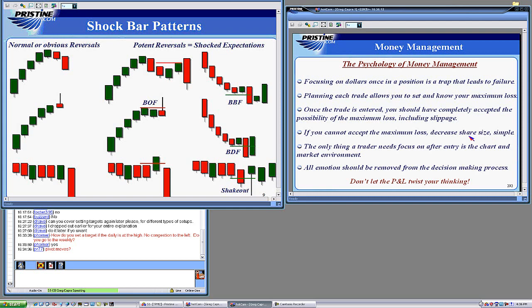If you can't accept that loss, you decrease the share size. If it doesn't make sense to trade that small, well, you don't trade. It's as simple as that. You've got to focus on the entry, the chart, what's happening in the market. Now, emotion, you're never going to remove all the emotion.